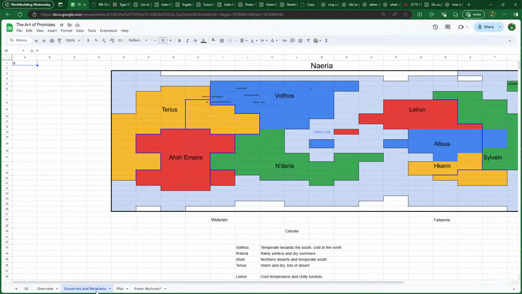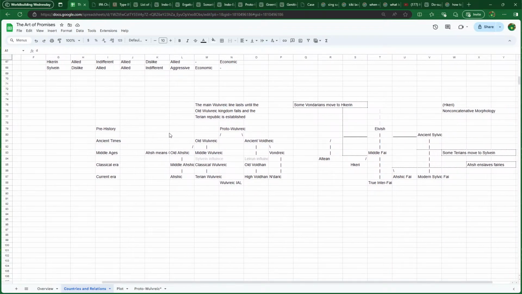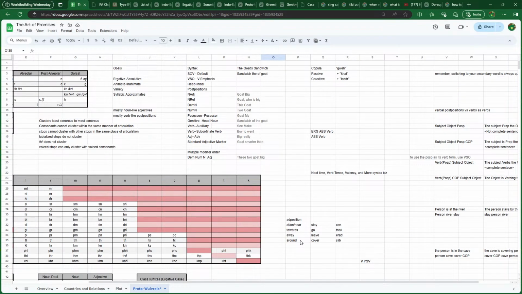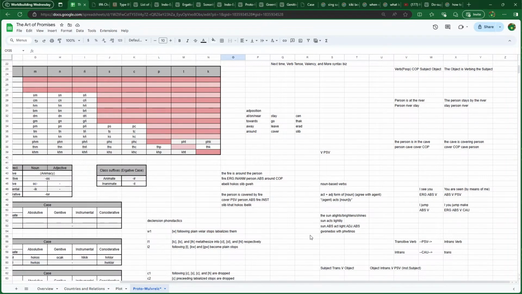So to add variety between the honestly fairly limited language family, you know? But we're doing pretty good. We've got about 15 minutes left, which is probably enough time to talk about verb tense.